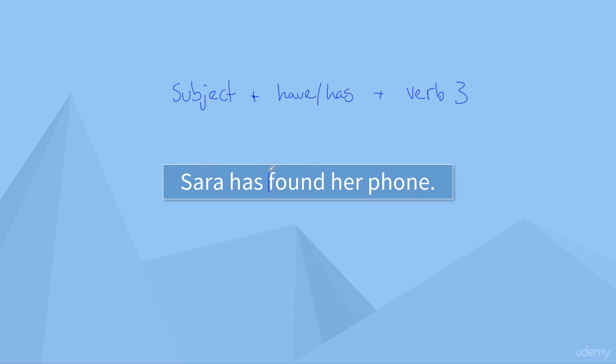So verb 3 of to find is found. And we're using has because the subject is Sarah, who is a she. Sarah has found her phone.